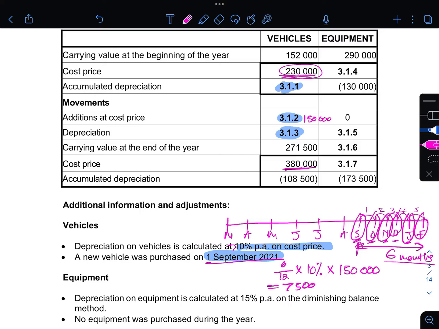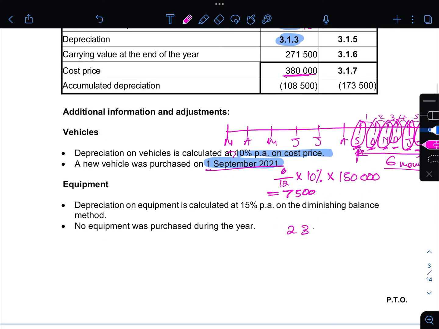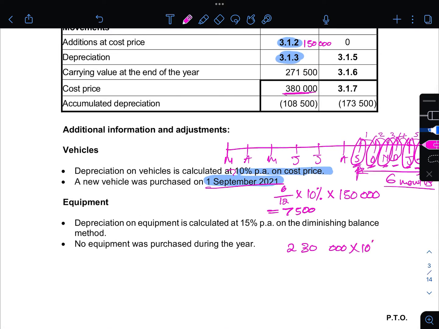All right. And then now we're going to check our depreciation for our old vehicles that we have been owning before we bought the new vehicle. Okay, so our cost price was 230,000 before we bought, and then we depreciate by 10%.